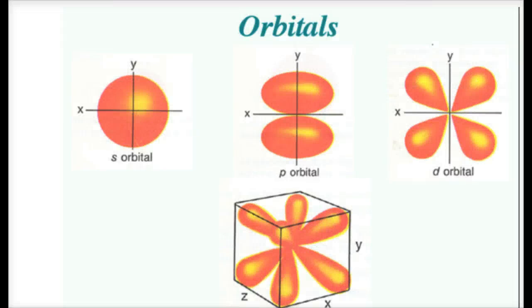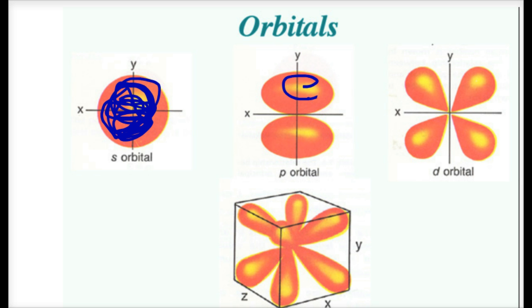Now, each orbital has a specific shape to it. S orbitals are spherical, so what you will see is that the electrons can be located anywhere in that sphere.